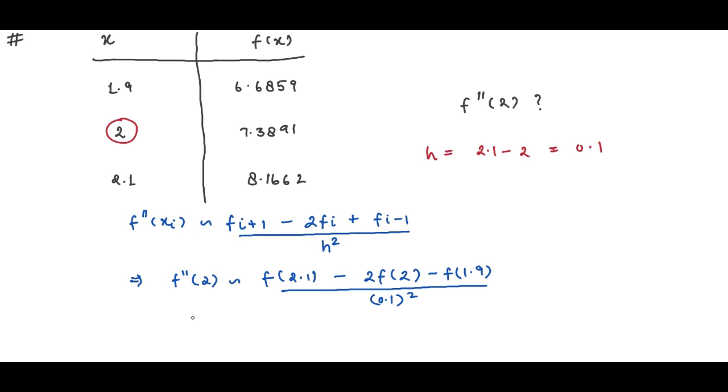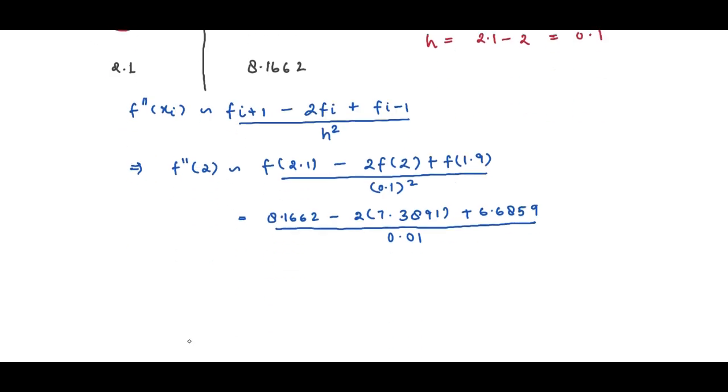Now substituting the values, we get 8.1662 minus 2 times 7.3891 plus 6.6859, divided by 0.01. So we get 0.0739 divided by 0.01, which is approximately 7.39. So our numerical approximation for the second derivative is approximately 7.39.